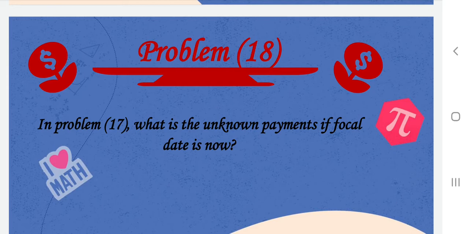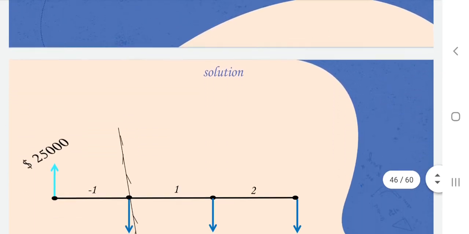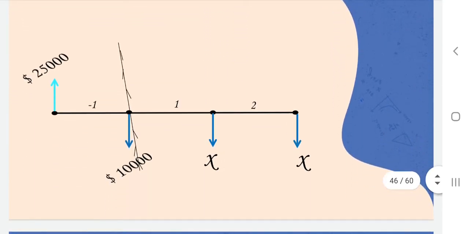Problem 18. In problem 17, what is the unknown payment if focal date is now? This is the timeline. He put focal date now, so focal date lies in between the maturity dates of old and the new obligations.